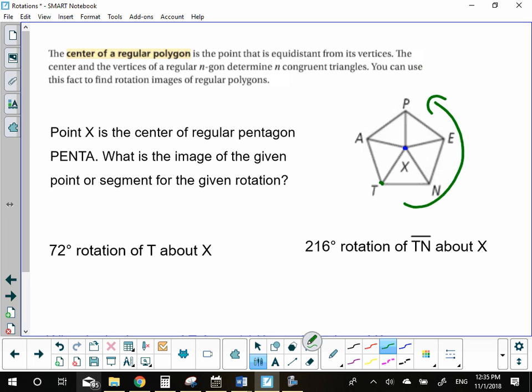Where would I end up in this pentagon? I'm looking for a specific spot. So if I give you point T, it's right here. Now I rotate it 72 degrees, knowing that each of these is worth 72 degrees. Go counterclockwise, so I end up at N.